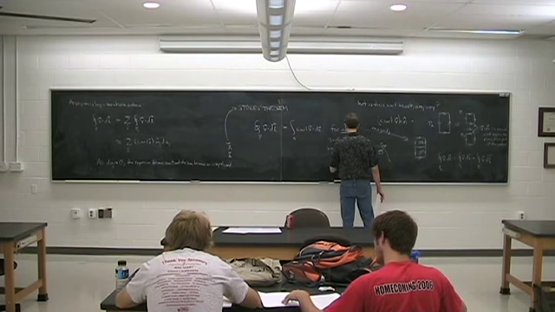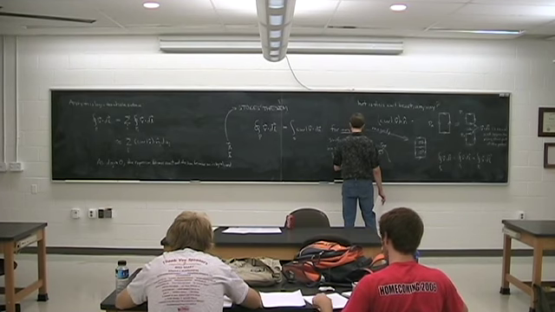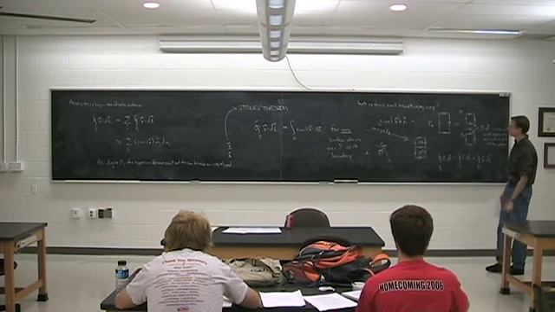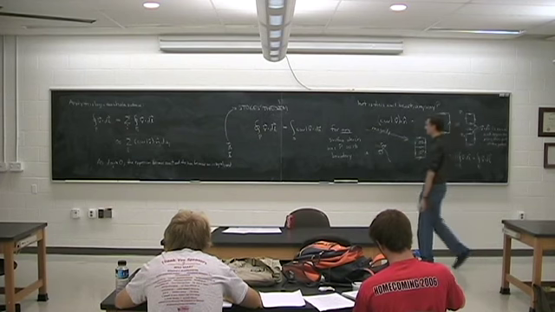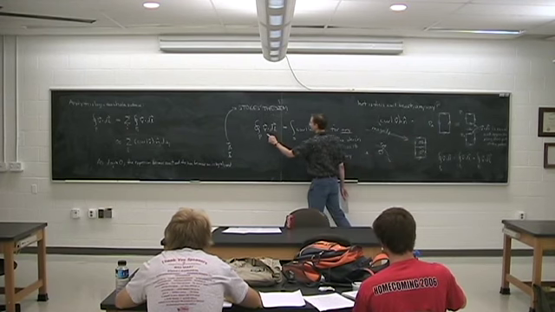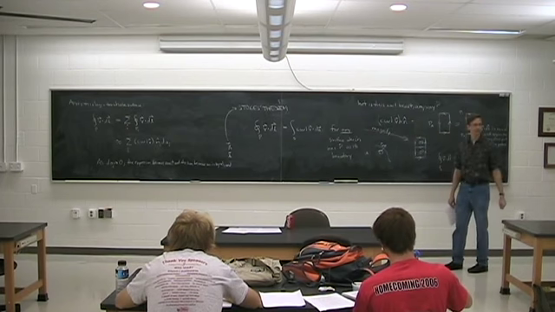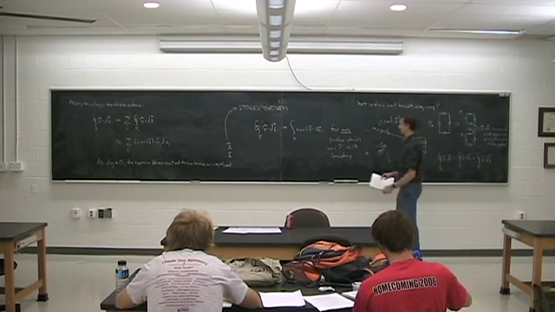I'll say it in a way which is unambiguous. The flux of curl V for any surface which has P as its boundary is equal to the line integral of V around that bounding path.